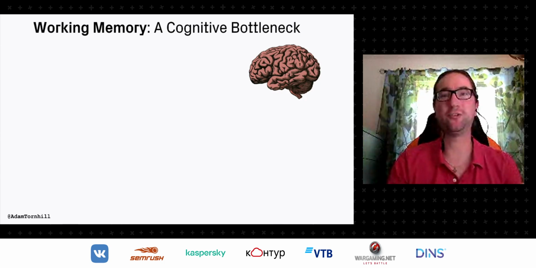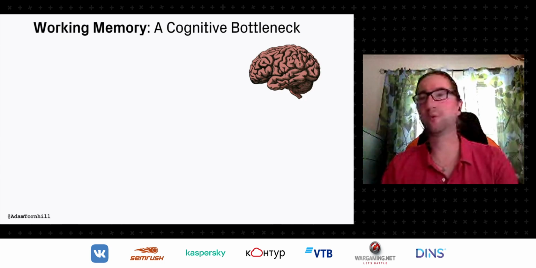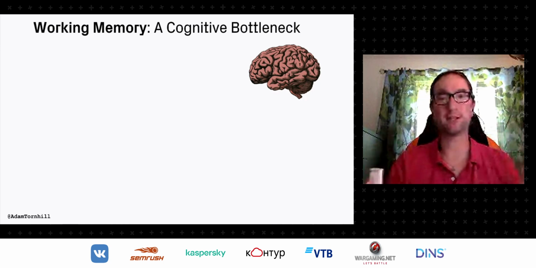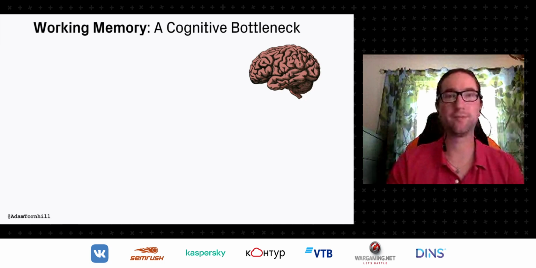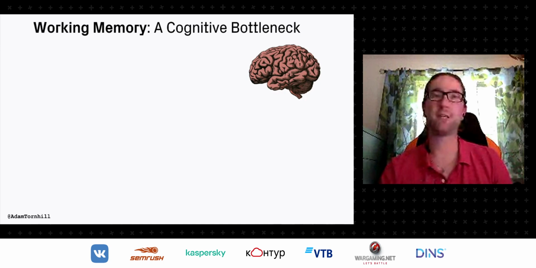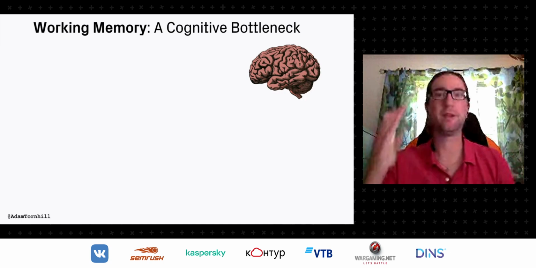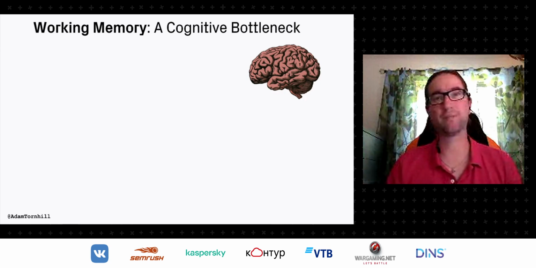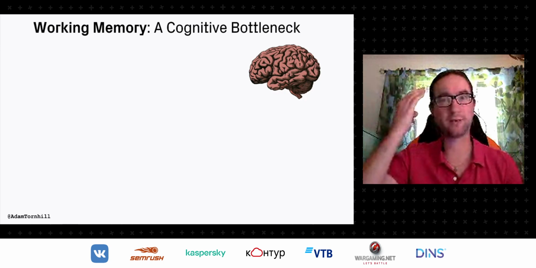It's working memory that you use when you solve crosswords or a Sudoku, or when you read code. So working memory is vital to all software developers. But working memory is also a strictly limited cognitive resource. There's only so much information we can hold in our head at once. And modern psychological research paints a pretty dark picture. It might be as few as 3 to 4 items that we can hold in our head at once.